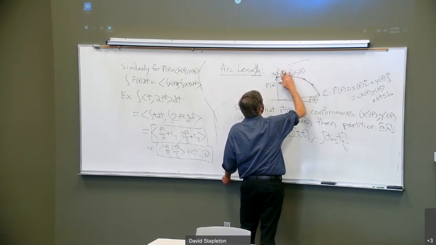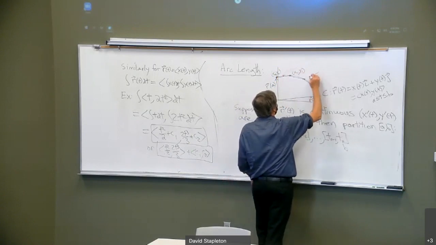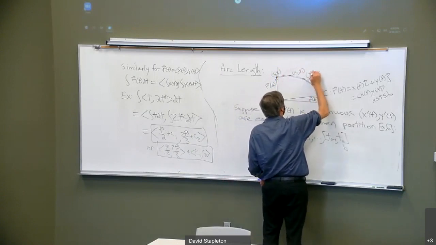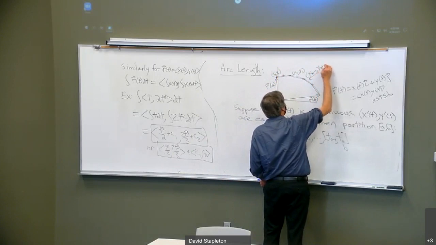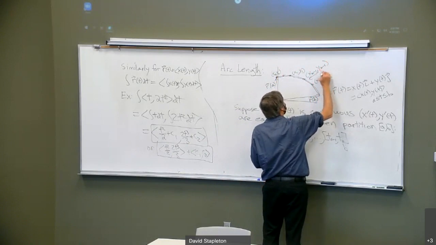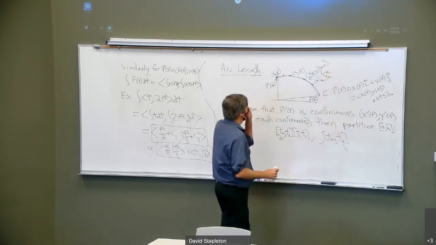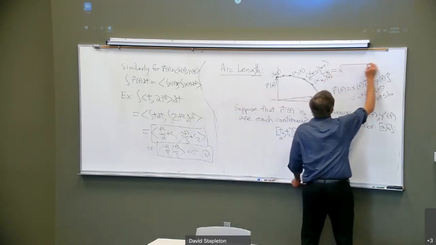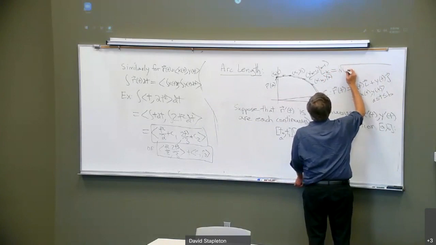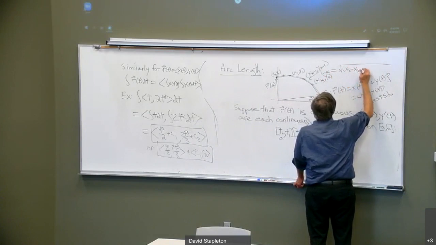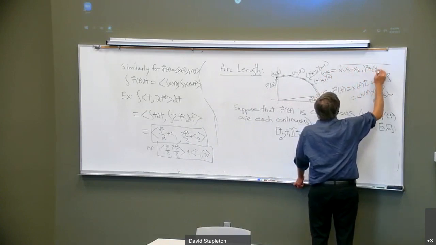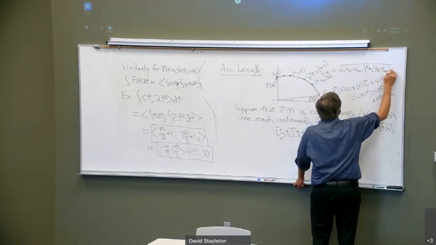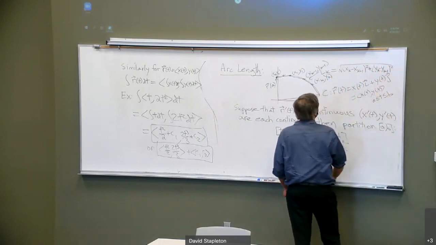Suppose we take the kth segment somewhere in here, and this is x(k minus 1), y(k minus 1), to xk, yk, the kth segment. And we want to find the length, lk, of the kth segment. What is it? Well, it's the distance formula, right? It's the square root of the difference in the x coordinates, xk minus x(k minus 1), squared, plus yk minus y(k minus 1), squared. So that's the length of the kth line segment.